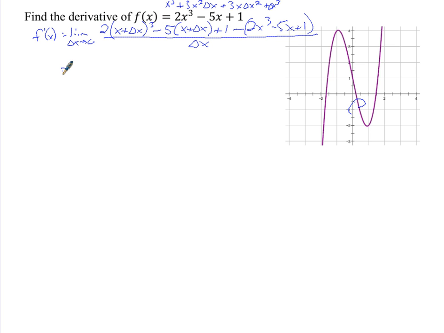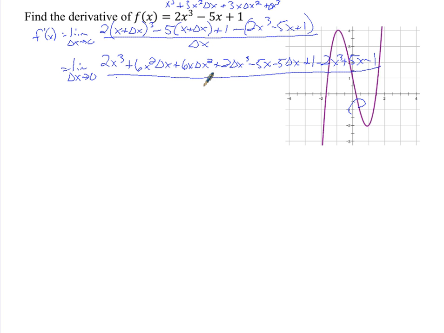So I'm going to write equals limit delta x goes to 0 of 2x cubed plus 6x squared delta x plus 6x delta x squared plus 2 delta x cubed minus 5x minus 5 delta x plus 1 minus 2x cubed plus 5x minus 1, all over delta x.